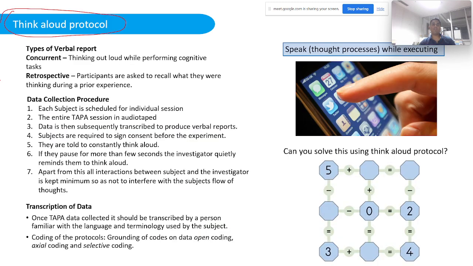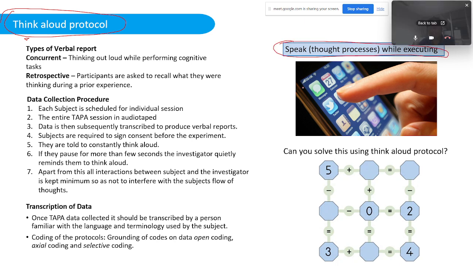However, in think aloud protocol, we try to understand how the user thinks, how the user processes the information, by asking the user to speak aloud when he performs a particular task. So think aloud protocol means speak while executing.